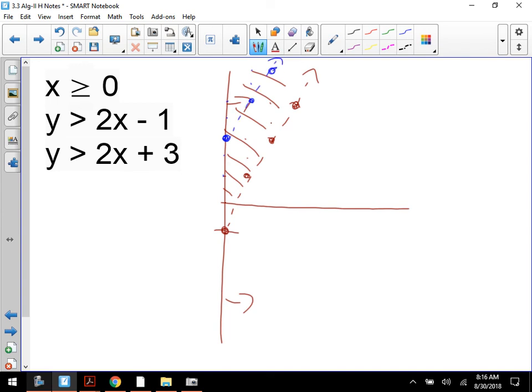They are parallel, very good. And then again, it didn't go through the origin. So is 0 bigger than 3? No, that's false, downward. So really the only true overlap would be in here.